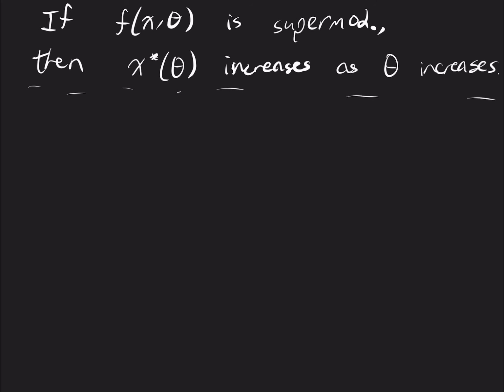And that's pretty helpful because then you don't have to compute anything. You don't actually have to compute x star as a function of theta and differentiate it. You can just do this and see what happens. You can see if it's supermodular.